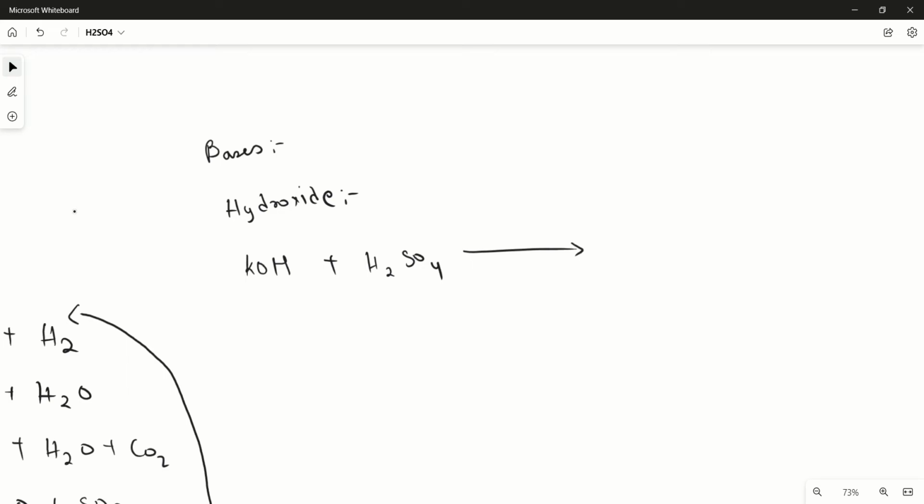It'll displace this, so it'll be K2SO4, because K is +1, SO4 is -2. K2SO4 plus H2. Clearly it's not balanced. Oh, sorry, it's a base, right? So it'll be H2O. To balance it, we do this. Pretty simple.